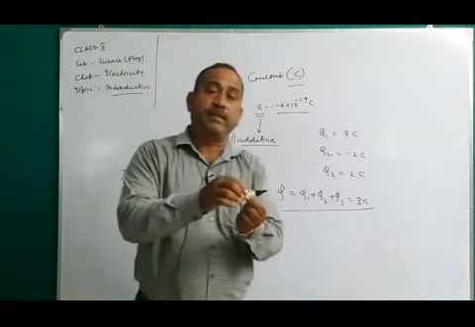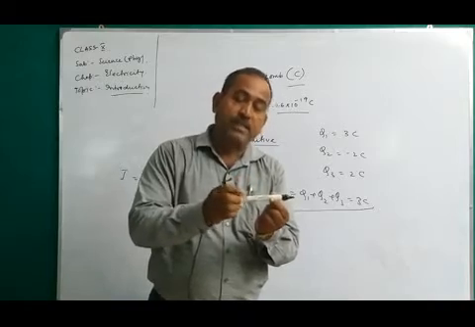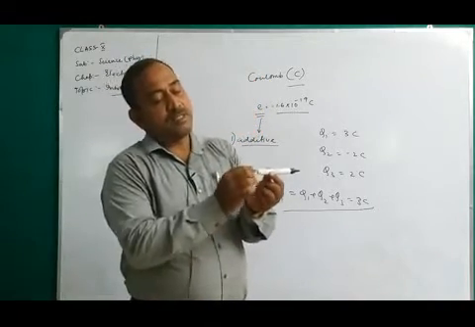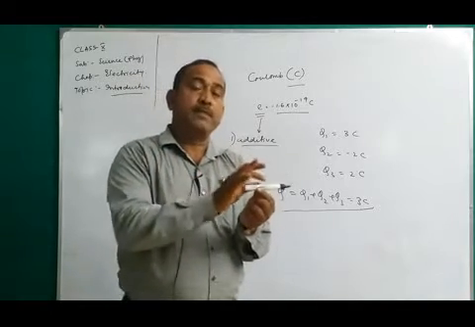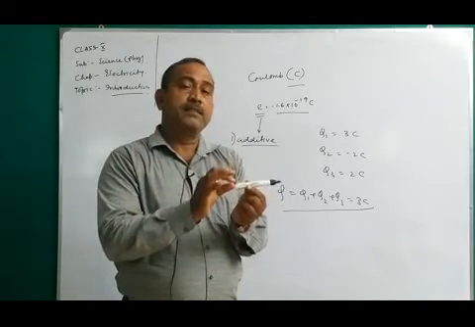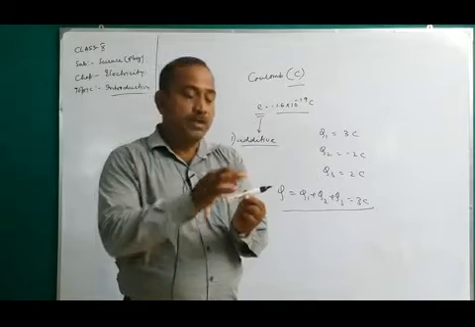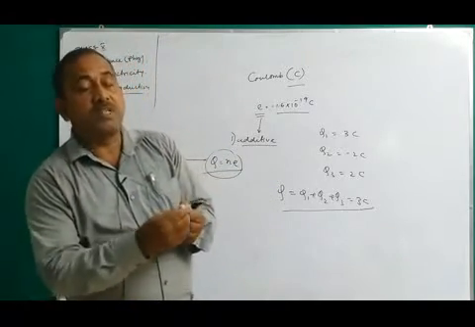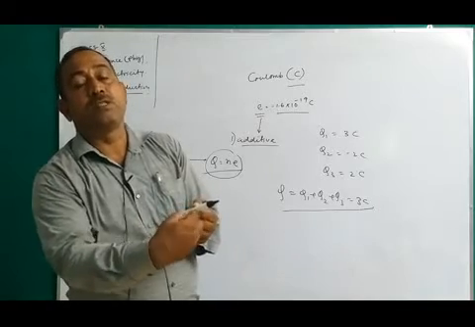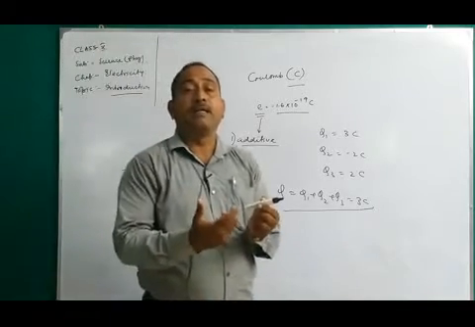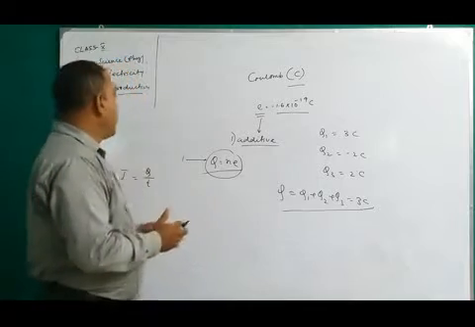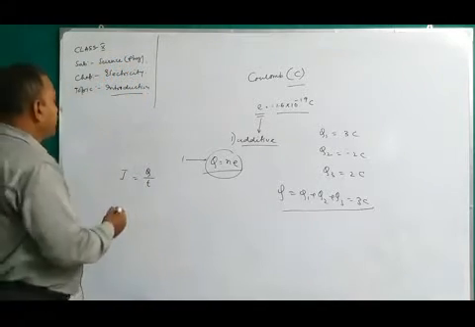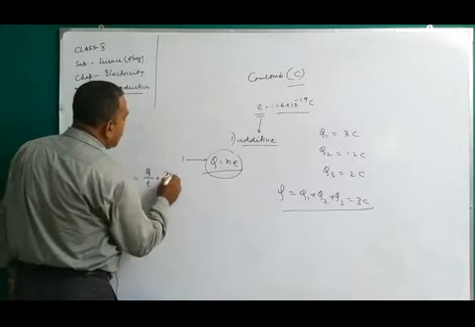Suppose the cross-sectional area is this; when you consider here, the cross-sectional area is this, and when you consider there, the cross-sectional area is that. So the amount of charge passing through the cross-sectional area of a conductor per unit time is called the current electricity.